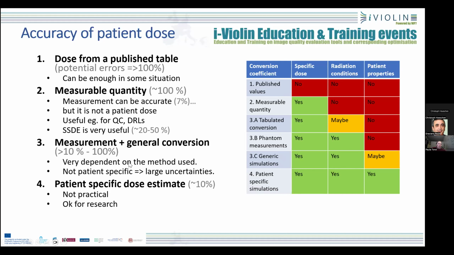But if we can do it well, and take into account the patient properties and beam properties, the uncertainty can also be very low. And only in the case when we really do a patient-specific dose estimate and take into account all the patient properties and beam properties, we can really achieve very good accuracy for that specific patient. But in many cases, it might not be practical, so we would probably not do it for every patient every time, but definitely for research, it's very important.